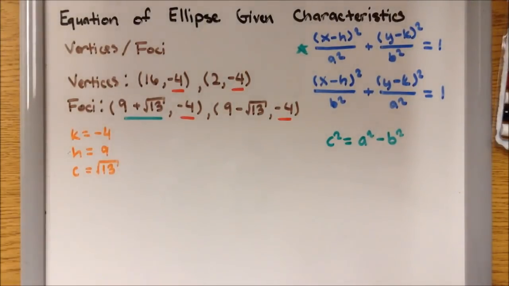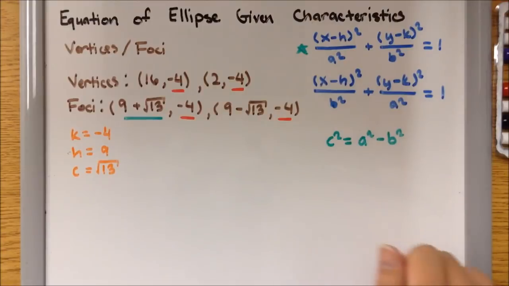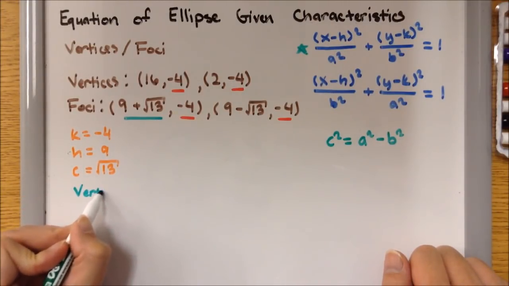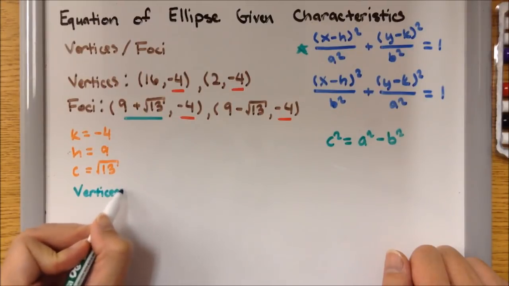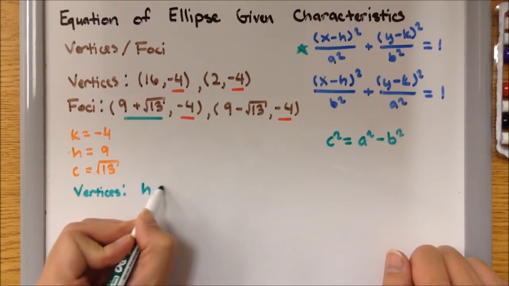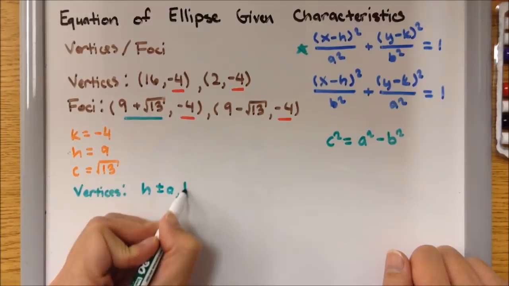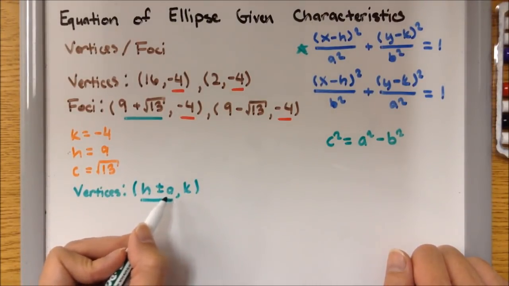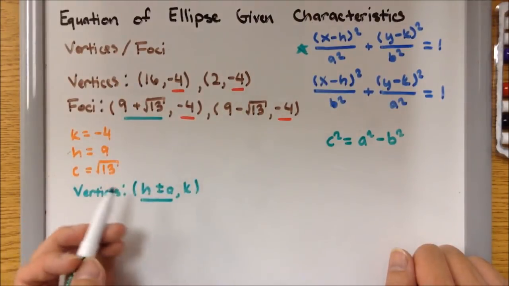Now, according to the formulas for vertices with this standard form, which is (h ± a, k), we're only going to focus on h ± a because the k's are the same.